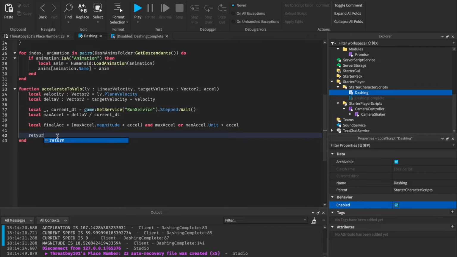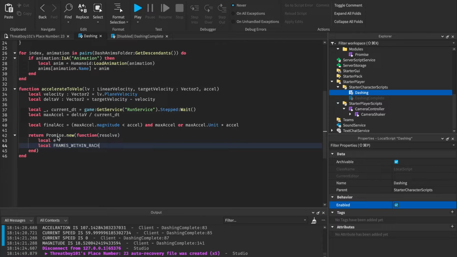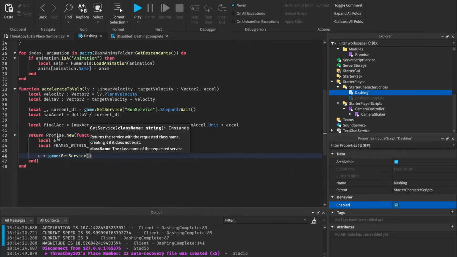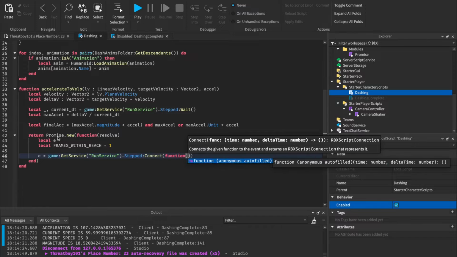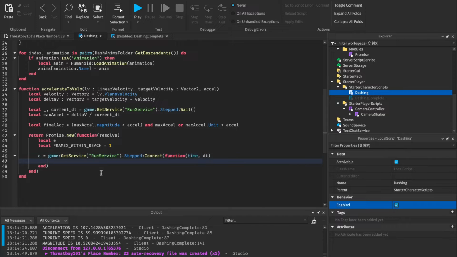And then finally, we're going to return a promise. More on this later. I'm going to create this frames within reach variable, which I'll explain in a bit. I'm going to say game:GetService("RunService").Stepped.